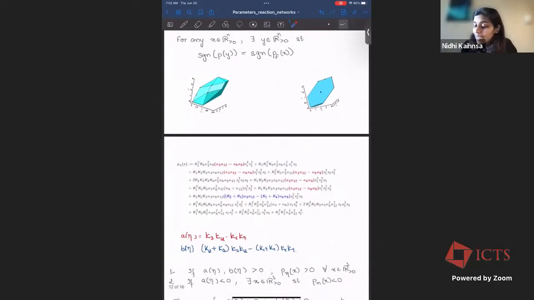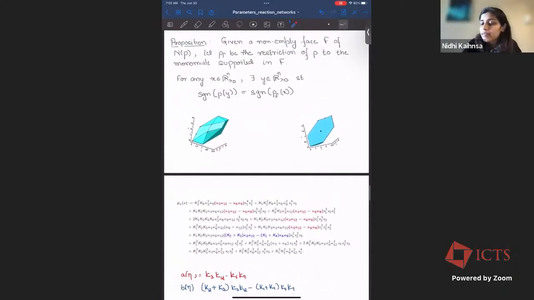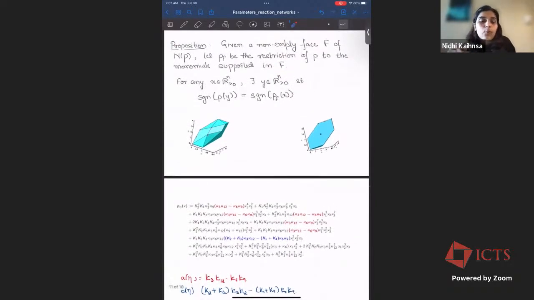But if, let's say, my A eta is negative, if I pick my kappas in such a way that this polynomial is negative, then some vertex has a negative coefficient, and a vertex is a face of the Newton polytope. And if my face can attain a negative value, then I can find some point such that my entire polynomial attains a negative value, right?